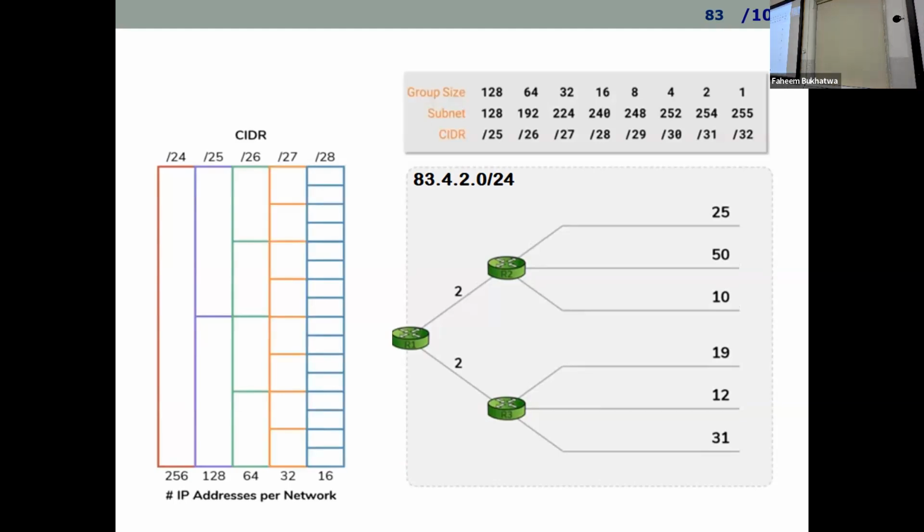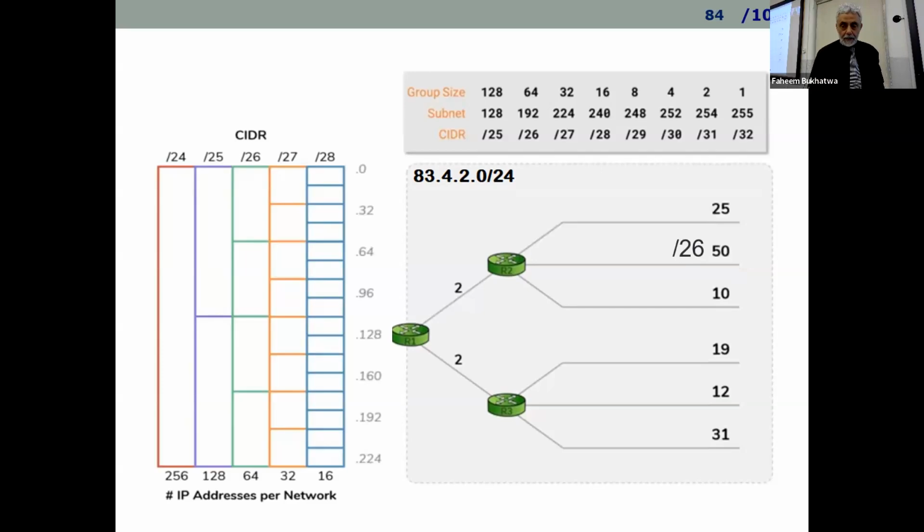It looks like this 50 will fit in the 64 one. So first thing, we're going to give that part here /26. See, immediately this changed from /24 to /26. So you decide, okay, we're going to allocate this one to /26. So this network that has 64 addresses will allocate this particular network.